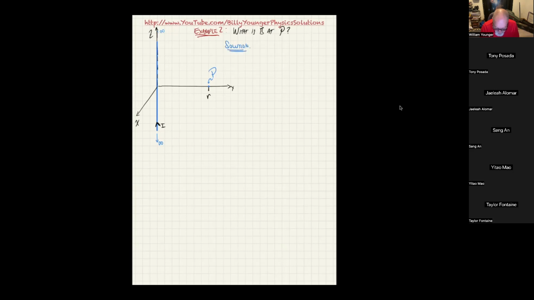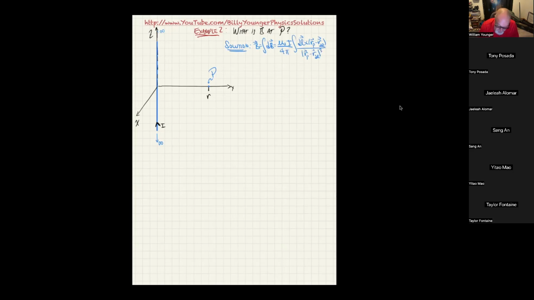We know that B is equal to the integral of dB, which equals mu 0 I over 4 pi times the integral of dl cross (rp minus rdl), all divided by the magnitude of (rp minus rdl), cubed.